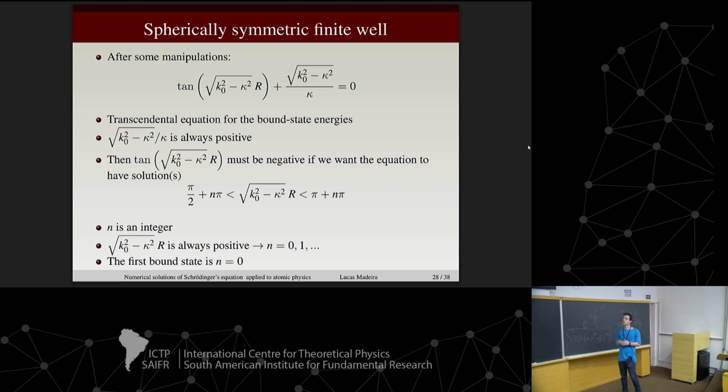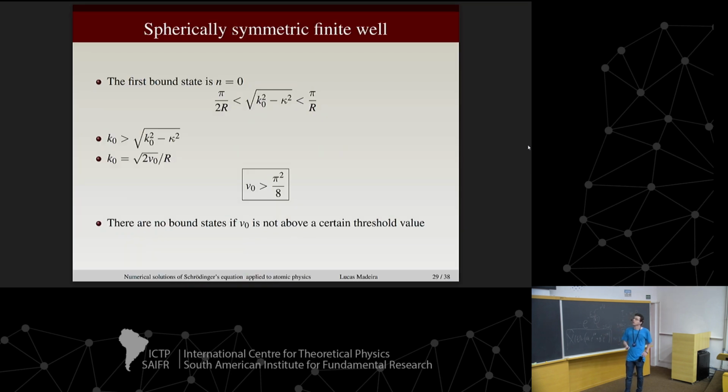Otherwise, this won't be satisfied, okay? And the first state occurs when I have n equal to 0. All right? So for n equals 0, I have this inequality here. It's a bunch of inequalities, but I promise at the end we're going to get something that's useful, right?